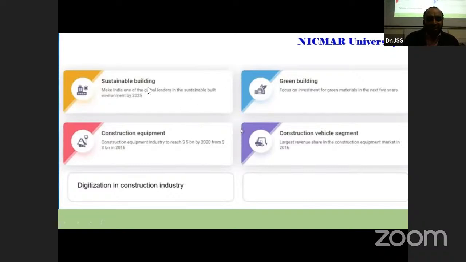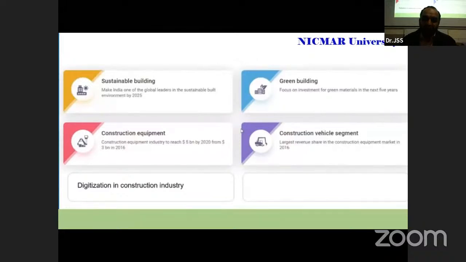So these are the areas: sustainable building, green building, construction equipment, the construction vehicle segment, and also digitalization in the construction industry. This is one of the important things happening in recent days. Digitalization in construction is happening in all aspects, not only one: in excavation, in monitoring, in control, in safety, in auditing, it is gaining very high momentum.